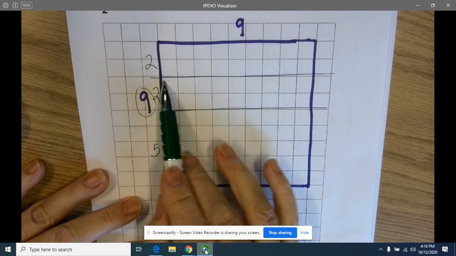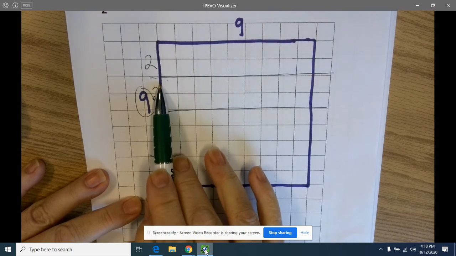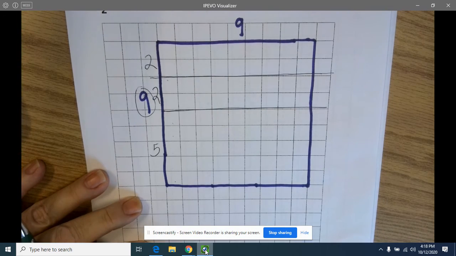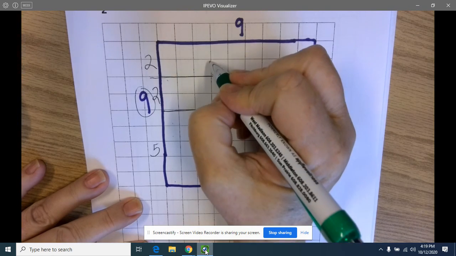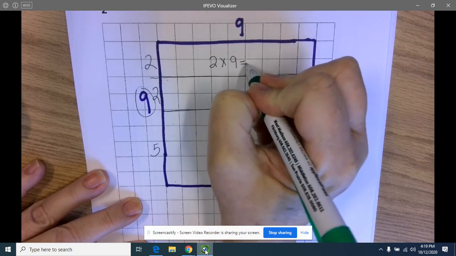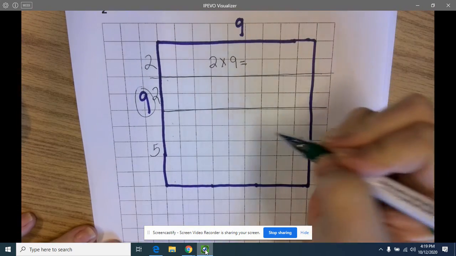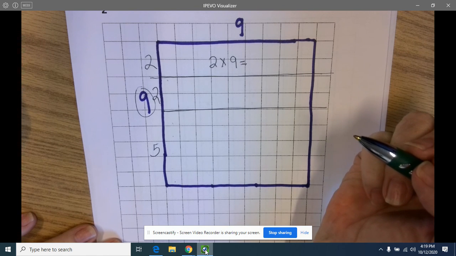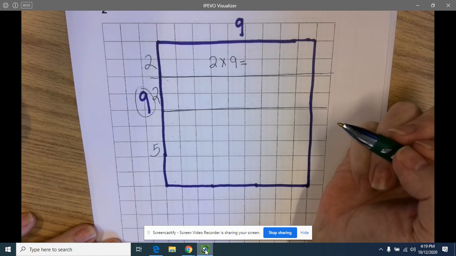So let's put the dimensions down. How many rows of how many columns do we have up here? Two rows of 9. So when we multiply by 2, we're doubling. What are 2 9s?